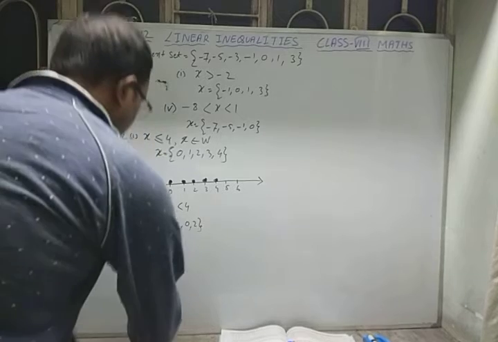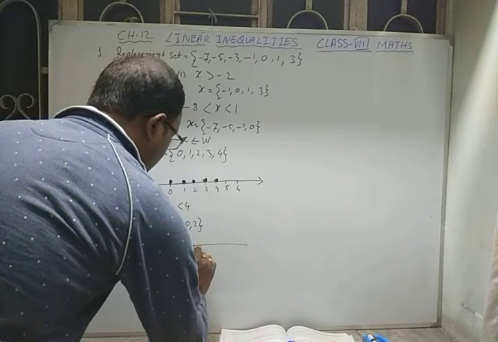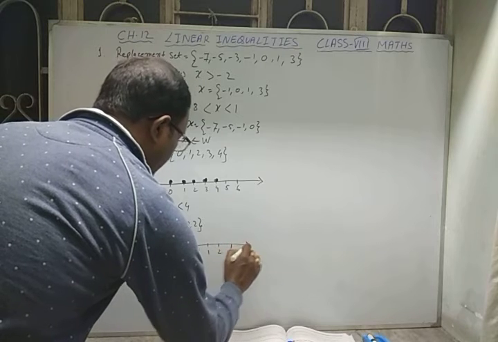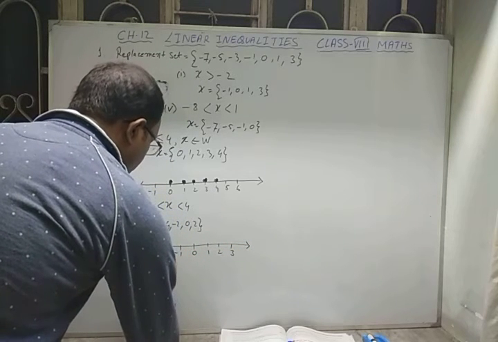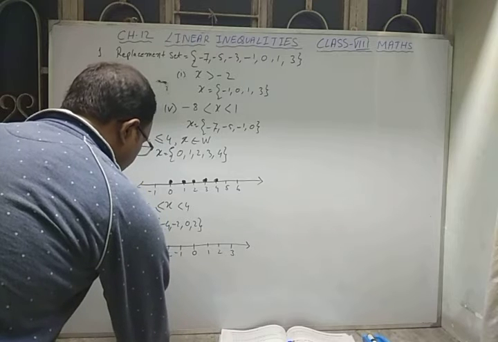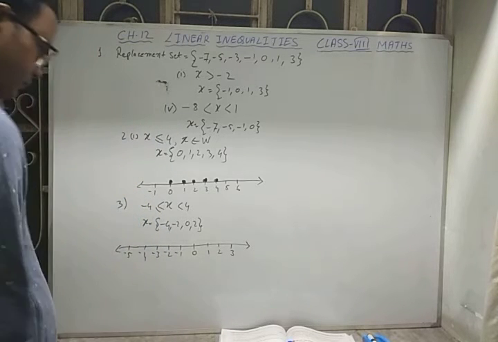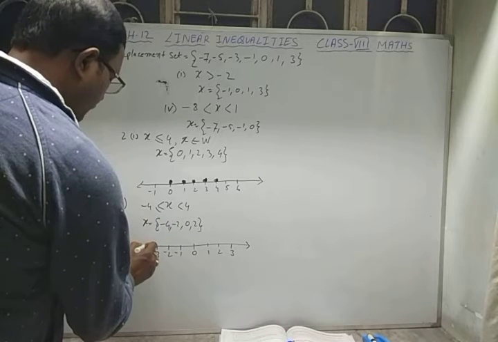Now represent it on a number line. Again make the number line 1, 2, 3 like this. Here also minus 1, minus 2, minus 3, minus 4, minus 5. That's it. The first answer is minus 4, so circle it here.